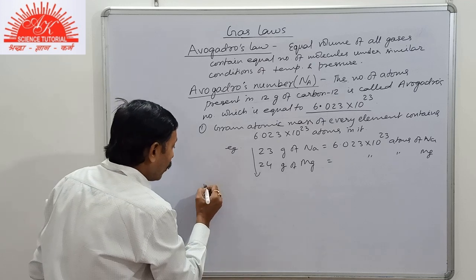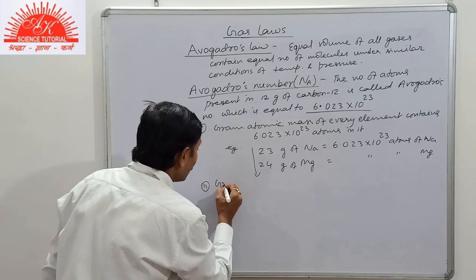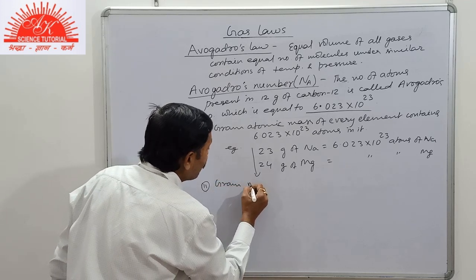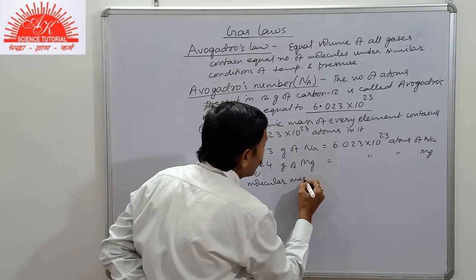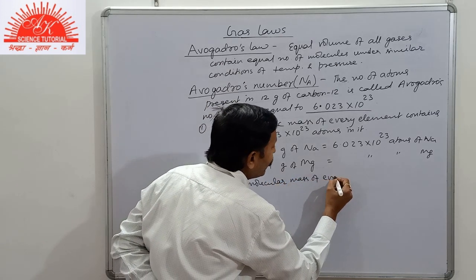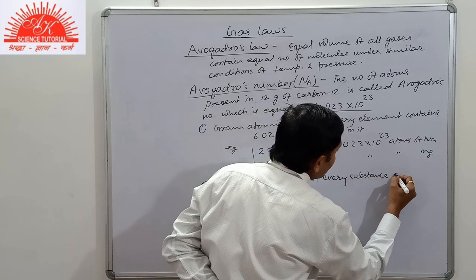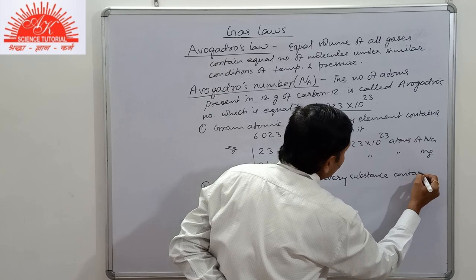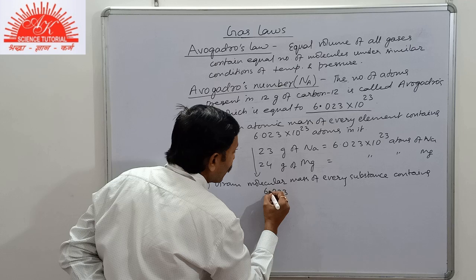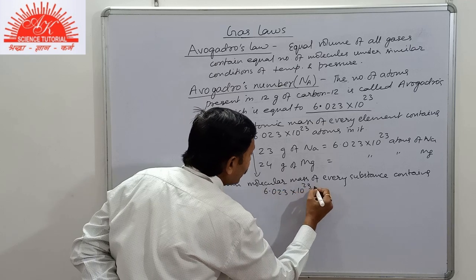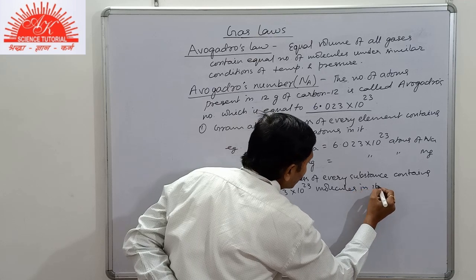Now, on a similar basis, if we go for molecules, then we write here that the gram molecular mass of every substance contains 6.023 into 10 to the power 23 molecules in it.